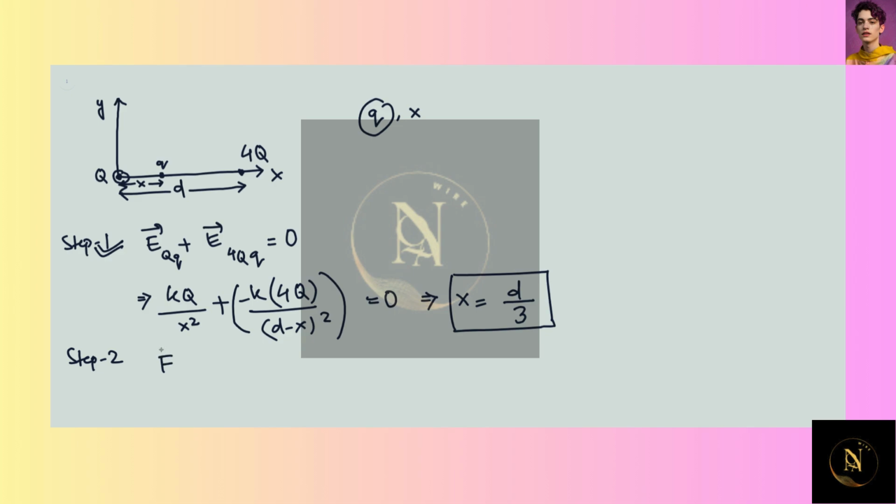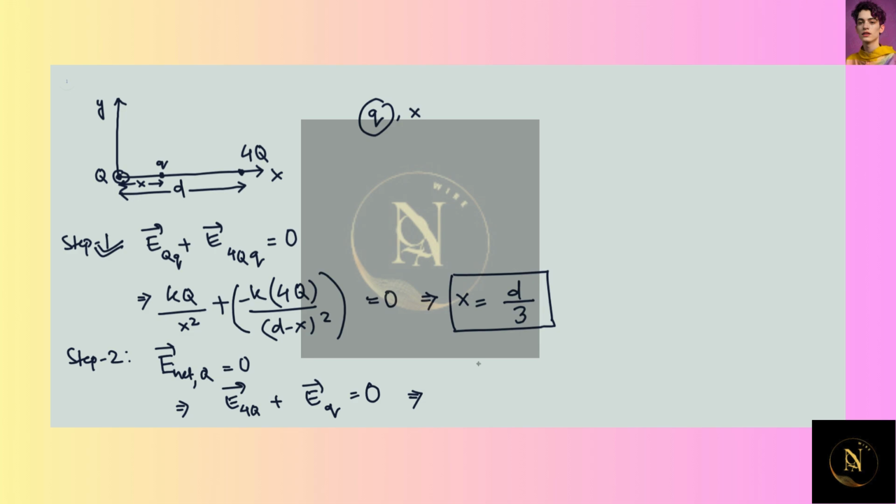So F net at capital Q is equal to 0, or let me just solve for electric field. This means that the electric field due to 4Q plus the electric field due to small q at capital Q will be equal to 0.